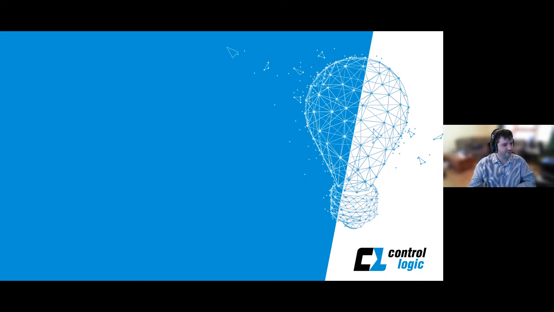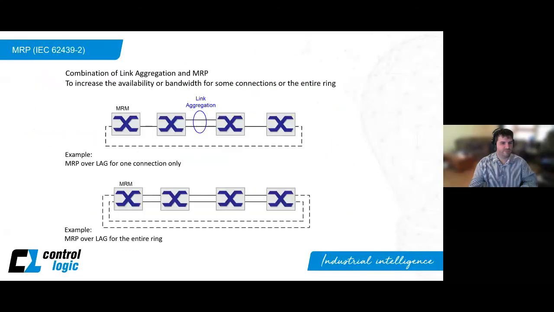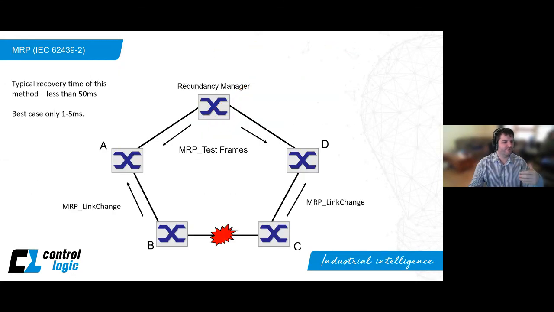In regards to what the difference is between HyperRing and MRP? The main functional difference between the two is that if we go back to the MRP portion, this feature, for the switches in the ring to notify the redundancy manager that there's a failure, is supported in HyperRing and is optionally supported in MRP.